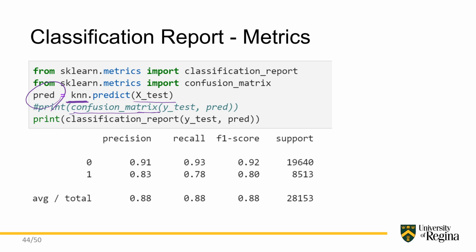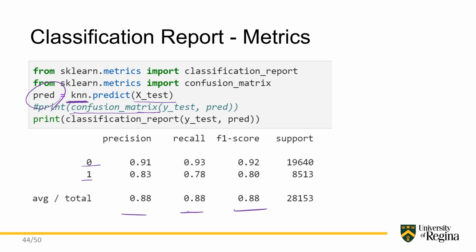For example, this is the precision and recall. Recall is usually how many of these zero labels were predicted at all, and how many of these one labels were predicted at all. The F1 score is a combination of both precision and recall, which gives you a harmonic mean. In total, these are some of the average ratings that you get.